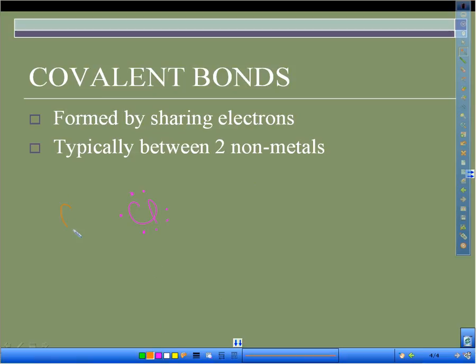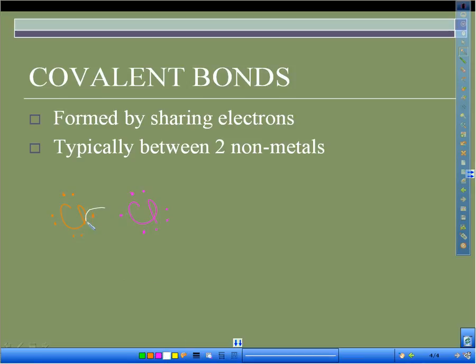Let's put another chlorine over here with three pairs and a single. Now, if this chlorine gives its electron to the other chlorine, that would make this chlorine happy, but that would leave this chlorine with only 6 electrons. So that doesn't do it any good. Remember, everything wants 8, so giving and taking of electrons does not work in this case.